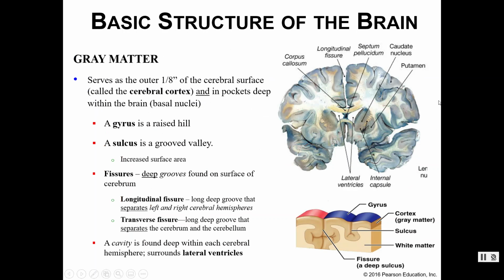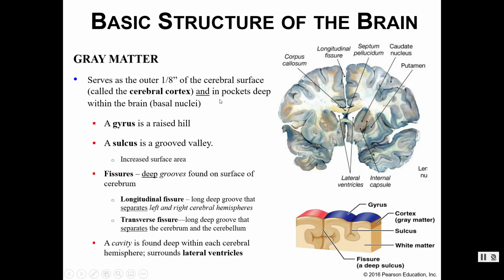All right, we mentioned gray matter a second ago. Let's make sure we remember what gray matter is. First of all, the cerebral gray matter, your cerebral cortex, is only about 1/8 of an inch thick. In this image, it's a grayish, almost bluish shade, but you can see the interior portion is a much lighter color. This would be that white matter we'll get to in just a second. So the gray matter is just along the outside.